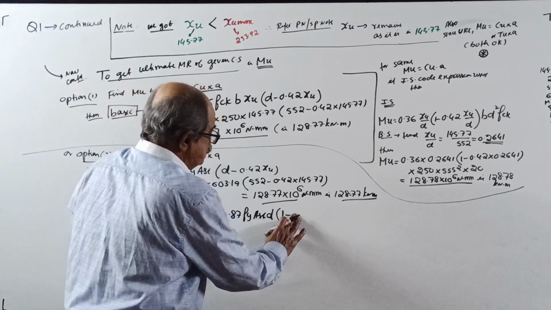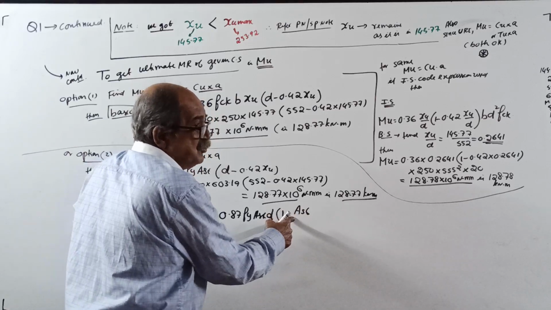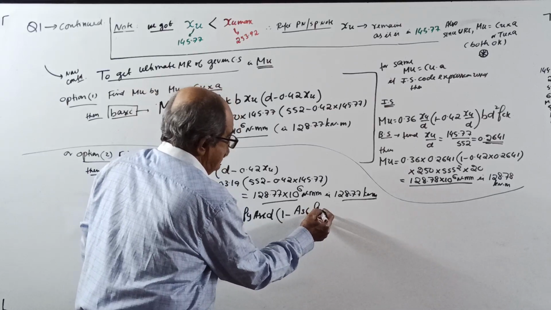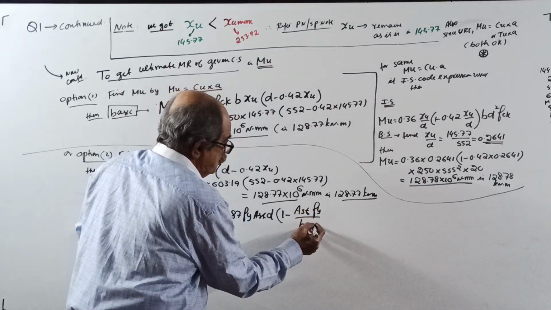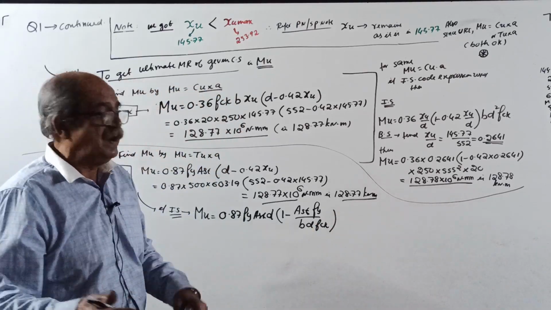The IS code said 1 is okay, therefore no multiplying. Once you refer to the IS code, we write whatever the IS code has given.